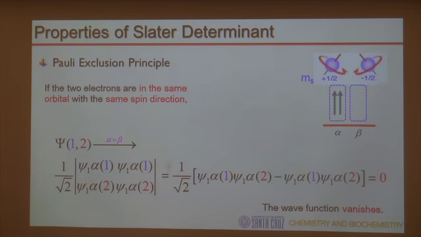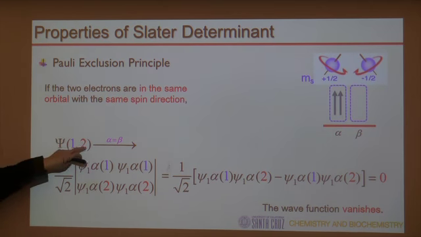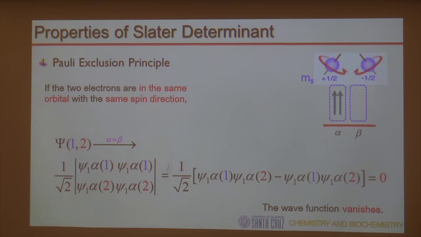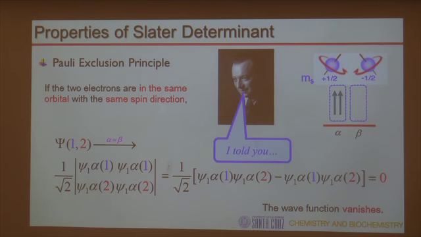Probability 0, or simply means the system disappears. In other words, this system disappears simply because you force alpha equals beta. And now Pauli told you they cannot be the same. So alpha cannot be beta. If you do it this way, you end up with 0 as your wave function. Simply means no system there. It violates the Pauli exclusion principle. Okay?